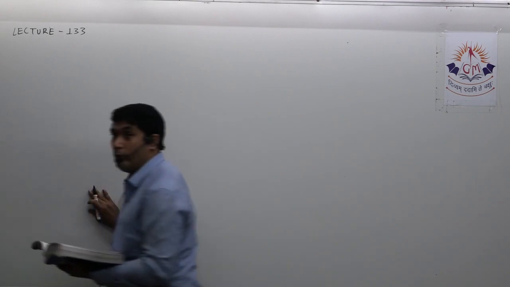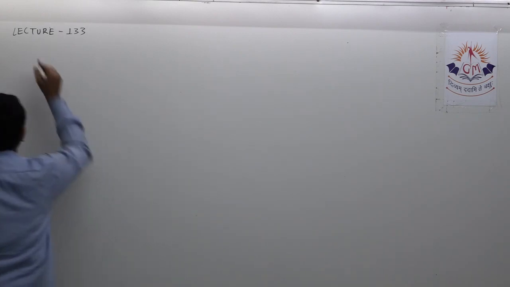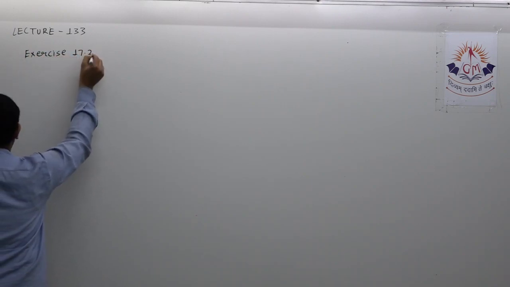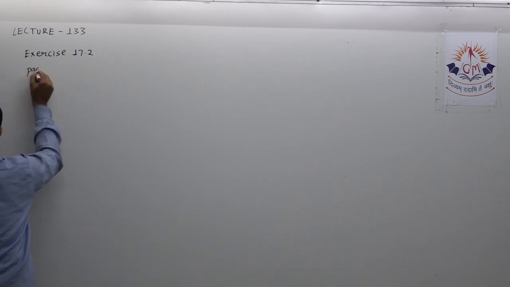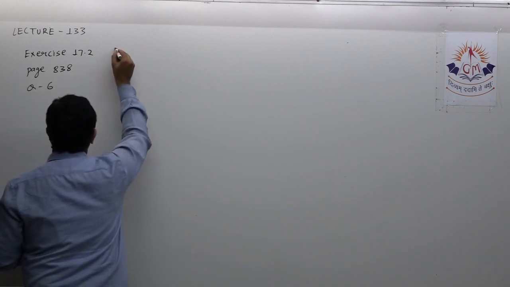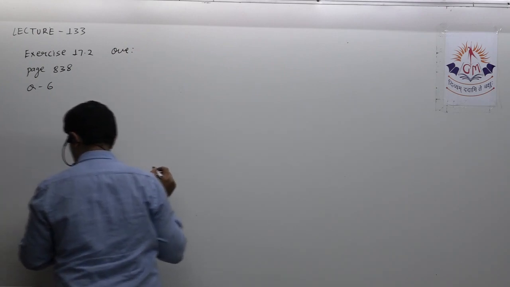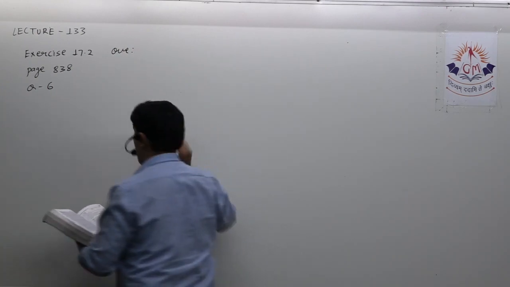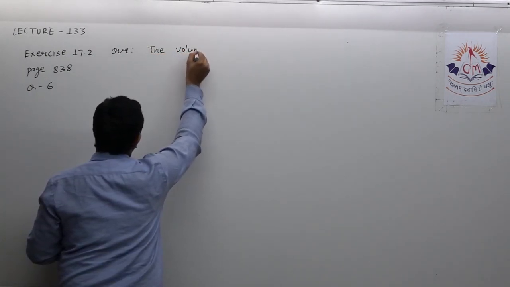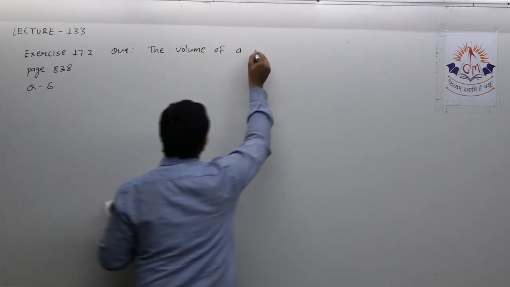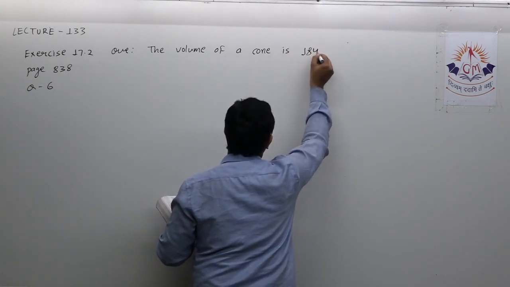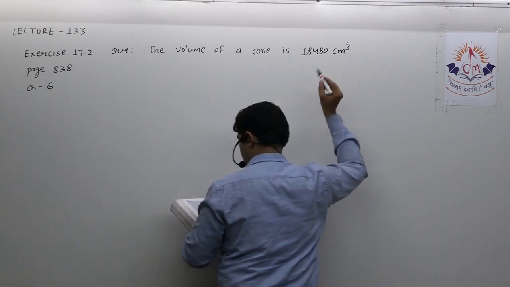Okay, so the next question I'm going to take from page number 838, exercise 17.2, question number 6. The question is: the volume of a cone is 18480 centimeter cube.